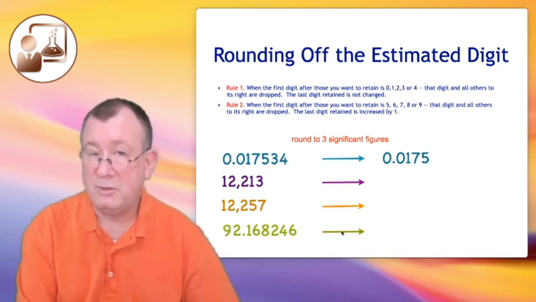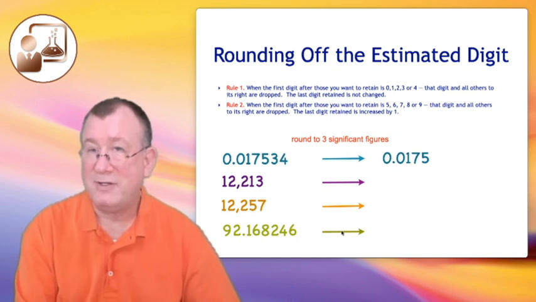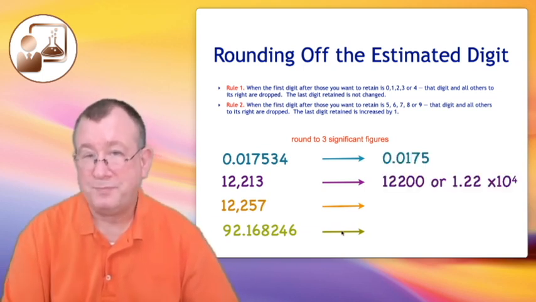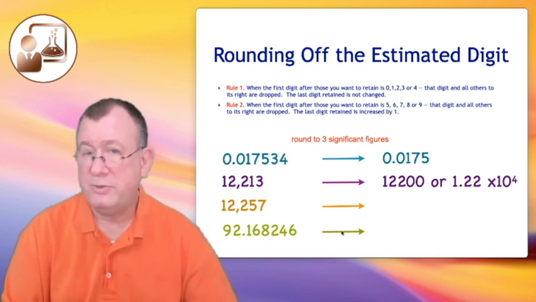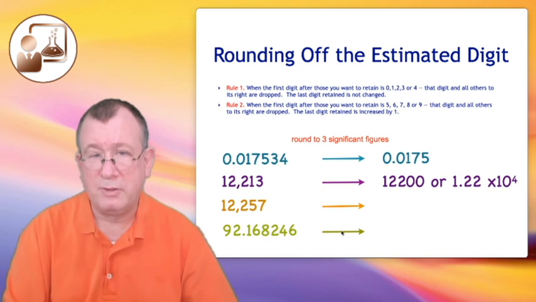All right, so I got to use zeros. So I take the 122, the digits after that are less than 50% of the way to the next digit, so I throw them away, and I replace them with zeros. All right? I could write 12200, or I could put it in scientific notation, 1.22 times 10 to the 4th.